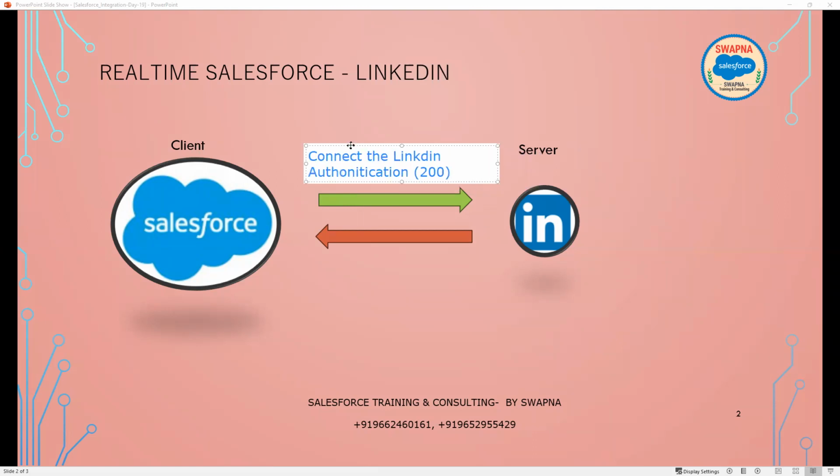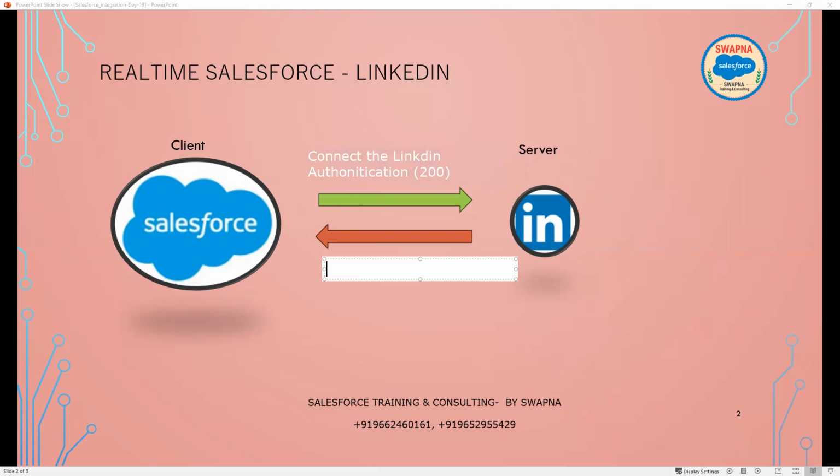Next, we are going to do the post. Once it is connected, from the Salesforce point of view, we will try to post a record or post a message from Salesforce directly to LinkedIn.